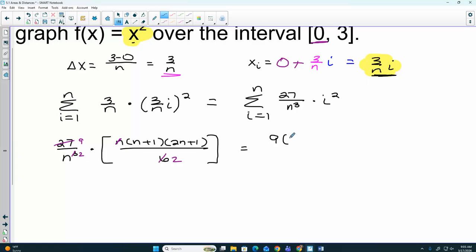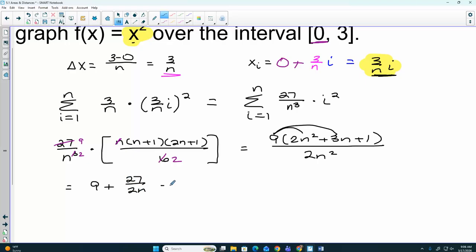If I FOIL that, can I distribute the 9 and divide by my 2n squared at the same time? So 18n squared divided by 2n squared would just be 9. 27n divided by 2n squared would be 27 over 2n. And 9 over 2n squared.